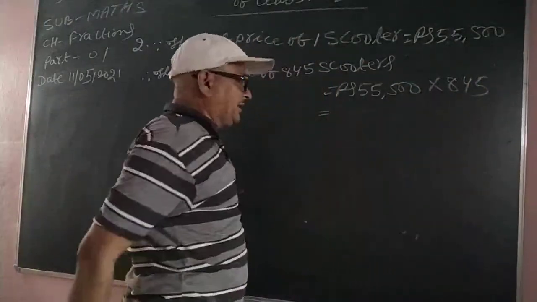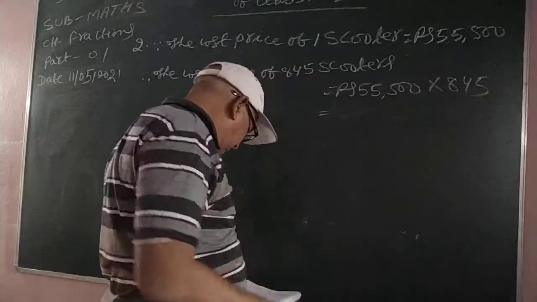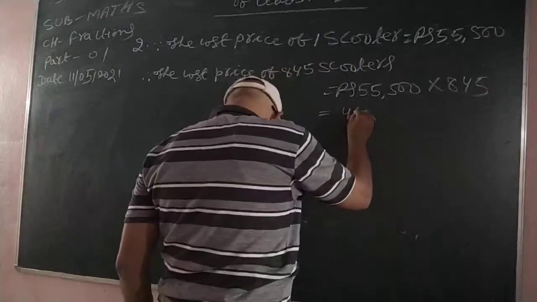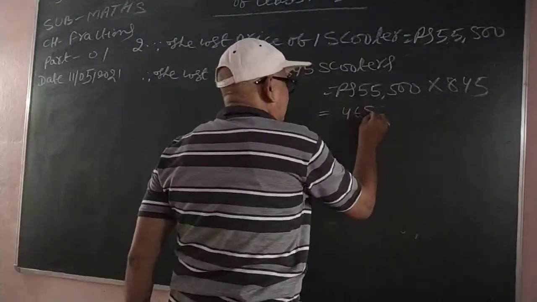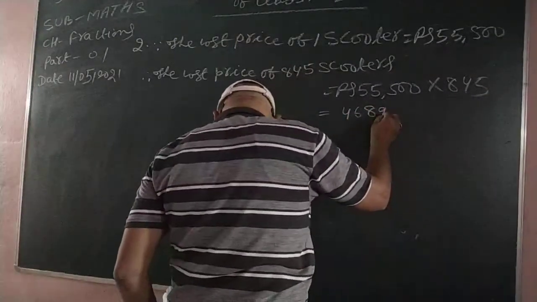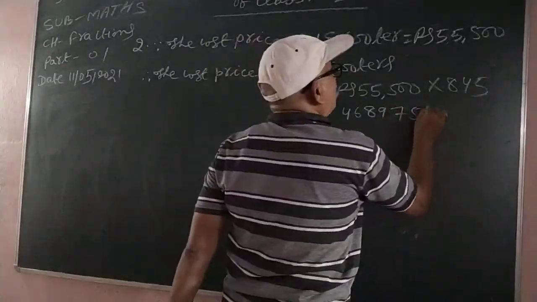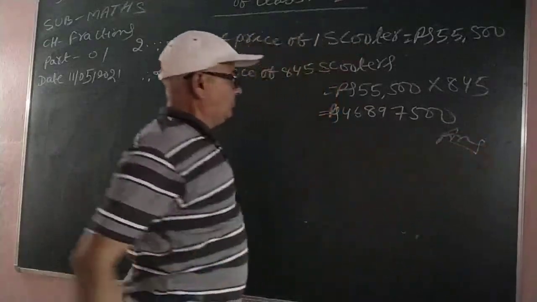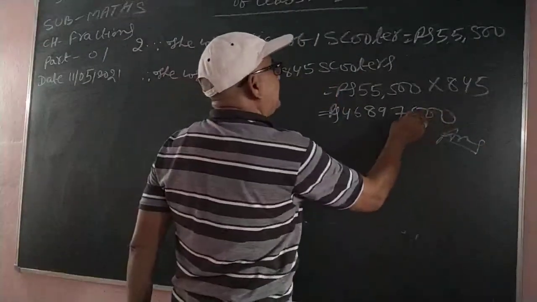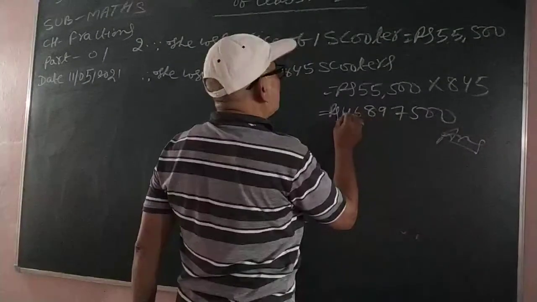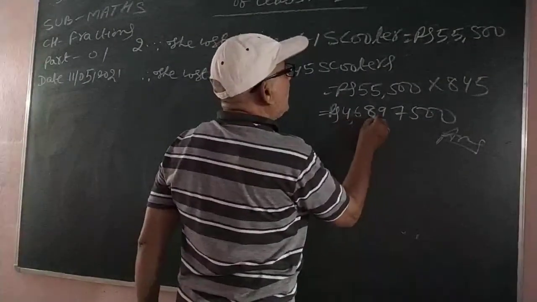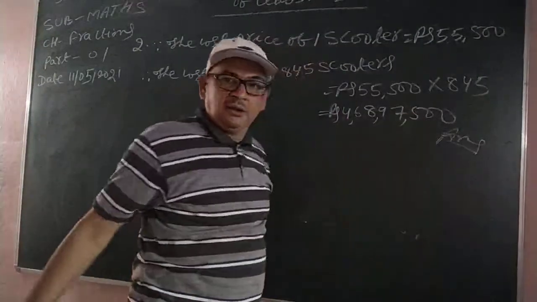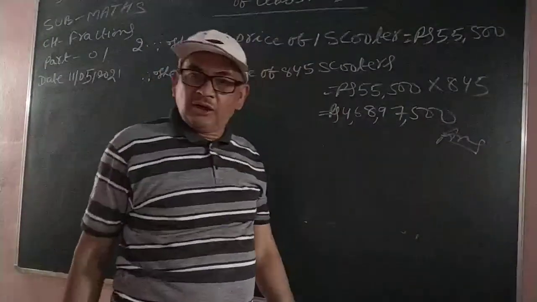If you multiply, what will it come? It will come 46,89,97,500. Units, 10, 100, 1,000, 10,000, lakh, 10 lakh, crore, 4 crore, 68 lakh, 97,500. This is your answer.